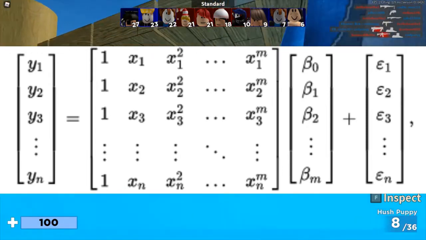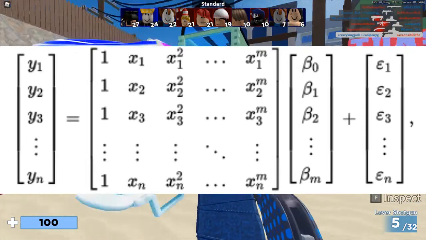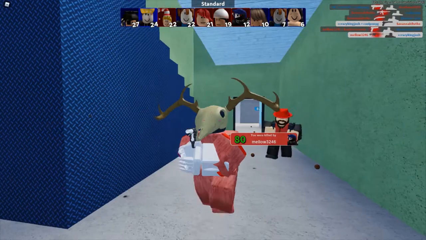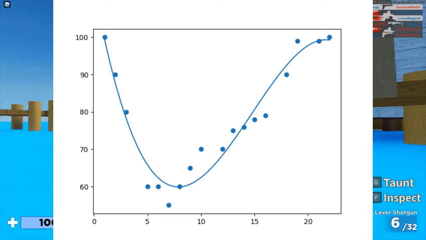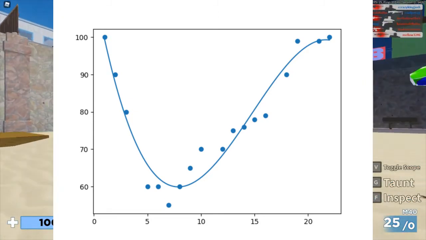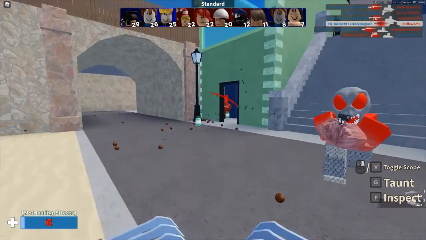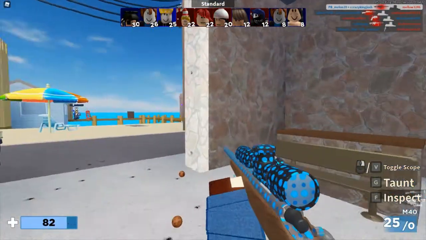N just means the last one, like the final value. The reason it's like this is so it can track all of the dots. Polynomial regression is really sporadic, as you know from the examples I've shown you. The curves aren't 100% known, so that's why it's written this way.